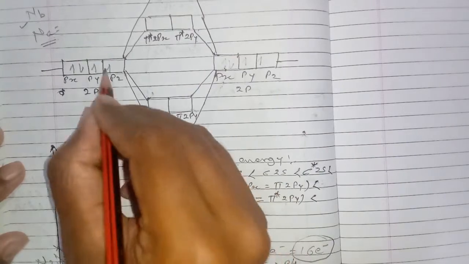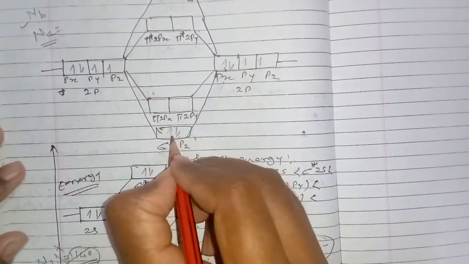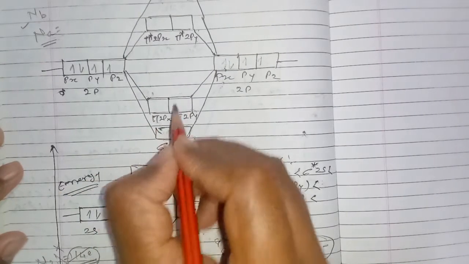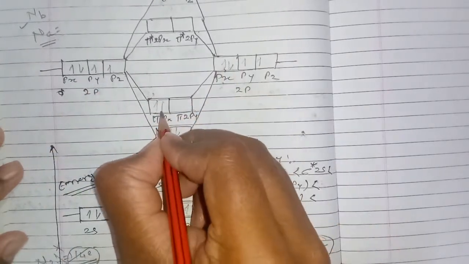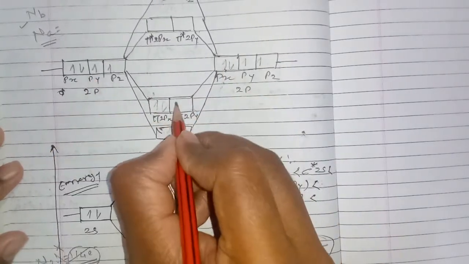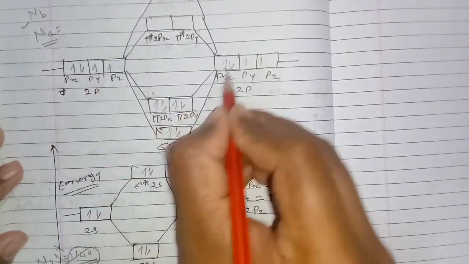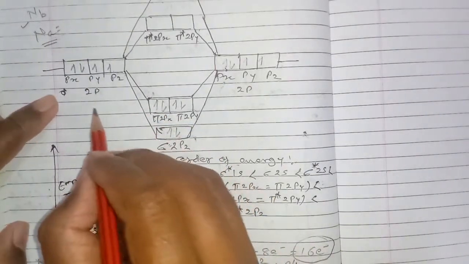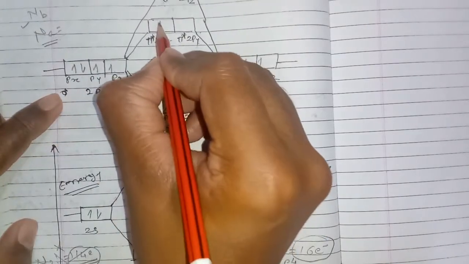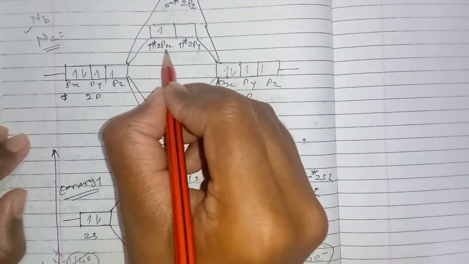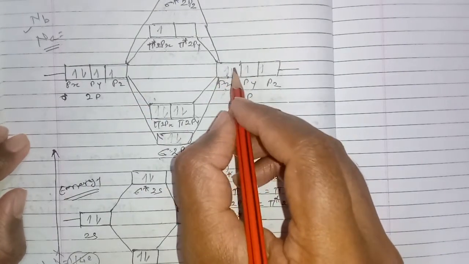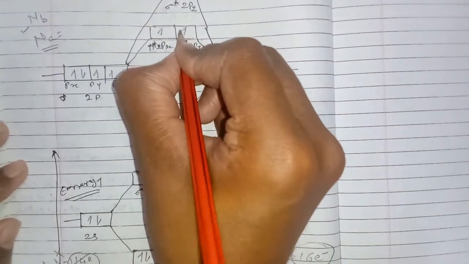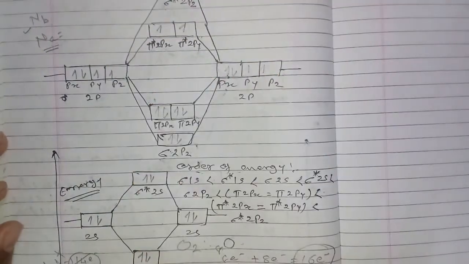Now the most important part: sigma 2pz takes 2 electrons, and then pi 2px gets 1 electron, 1 electron, and pi 2py gets 1 electron, 1 electron. The remaining 1 electron from 2px enters pi antibonding 2px, and 1 electron enters pi antibonding 2py.